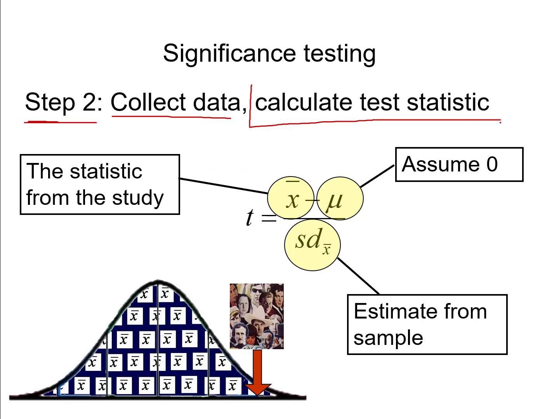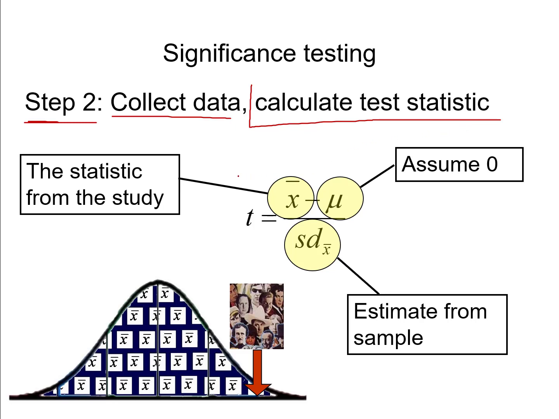And a test statistic is a statistic that has a known distribution if the null hypothesis is true. It's something that has a known distribution if the null hypothesis is true, which means if we calculate a test statistic, we can determine the probability of that statistic under the assumption of the null hypothesis.